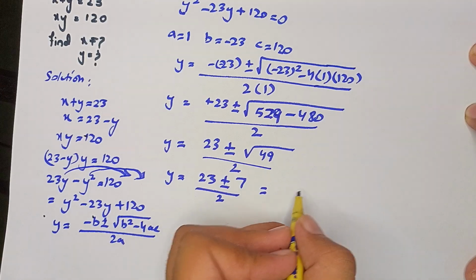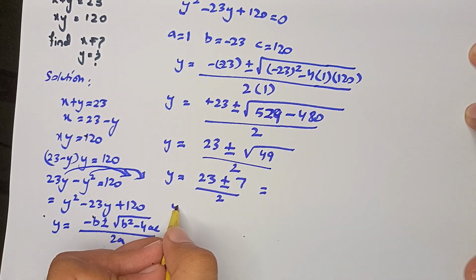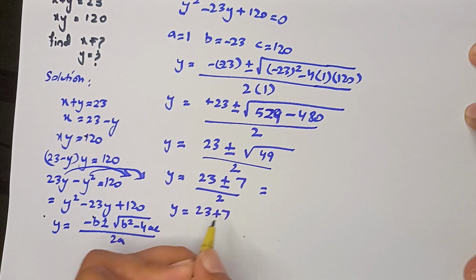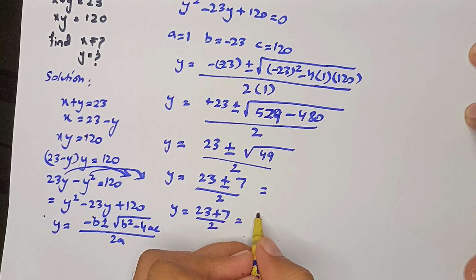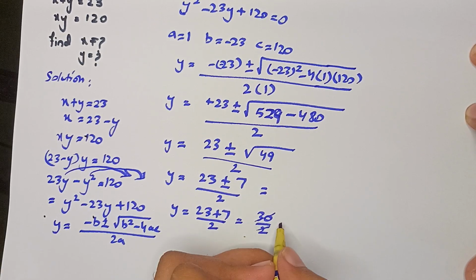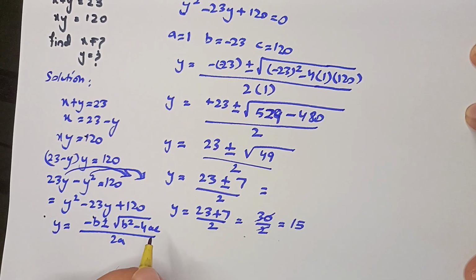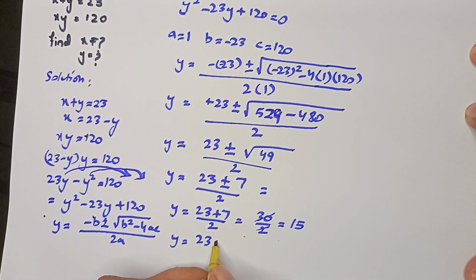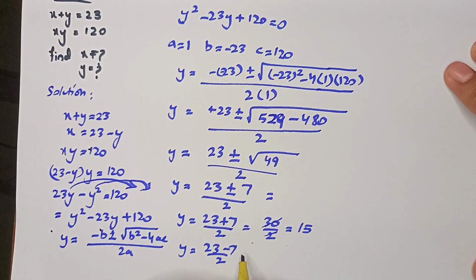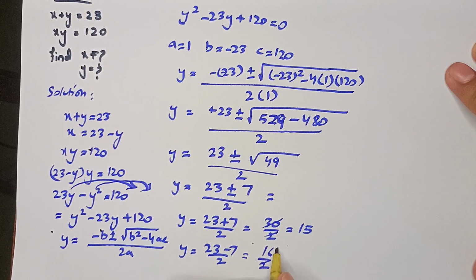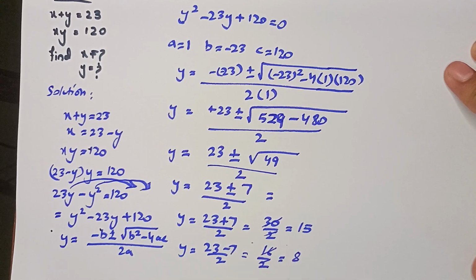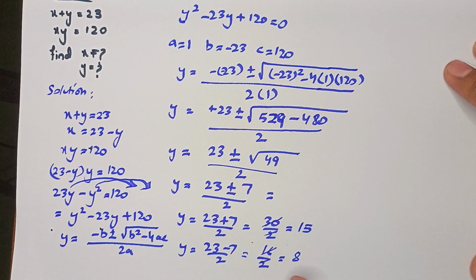In the case of plus, we have 30 by 2, which is 15. In the second case we have to minus both values: 23 minus 7, 16 by 2, and our answer is 8. So we got two values, 15 and 8.